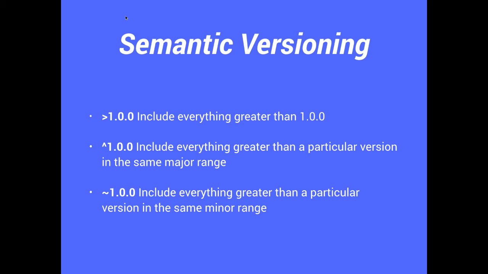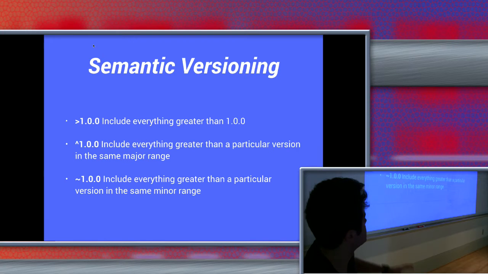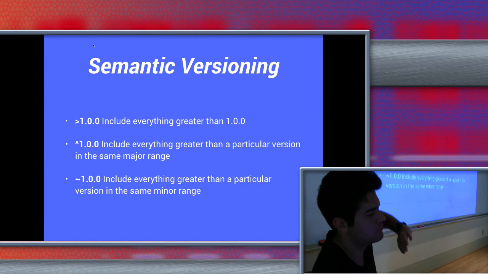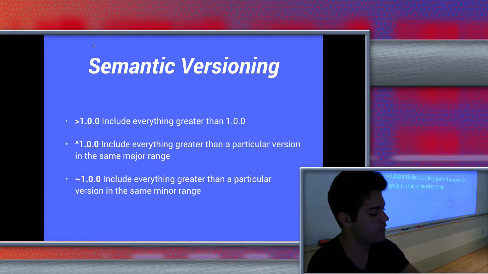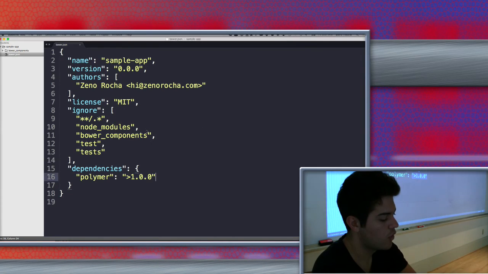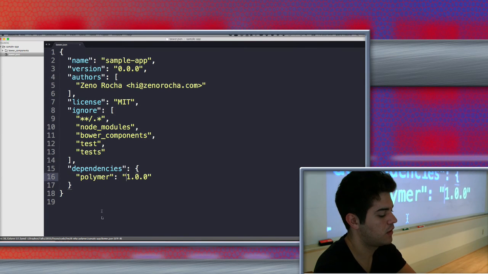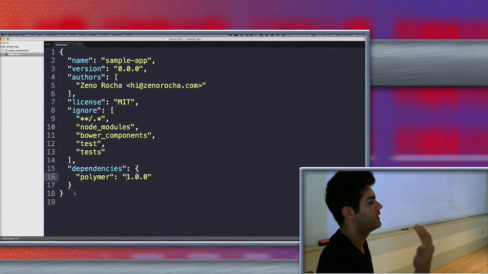So this is a way of fetching dependencies, and you can put it like this instead of hard-coding, hey, I depend on Polymer 1.0. But then there are 5 new versions of Polymer that are fixing bugs, and I'm not fetching those versions.